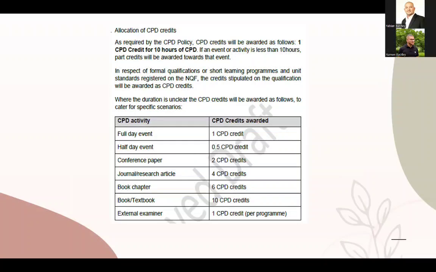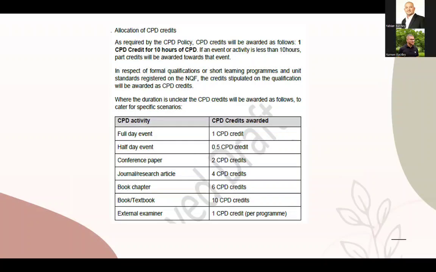So this is what I mentioned prior. If you do a qualification, your qualification has an NQF level with credits allocated to it. For example, if you have an NQF level 6 diploma and your first year, you've got 120 credits, they will credit you 120 credits. That's exactly how it is, right?